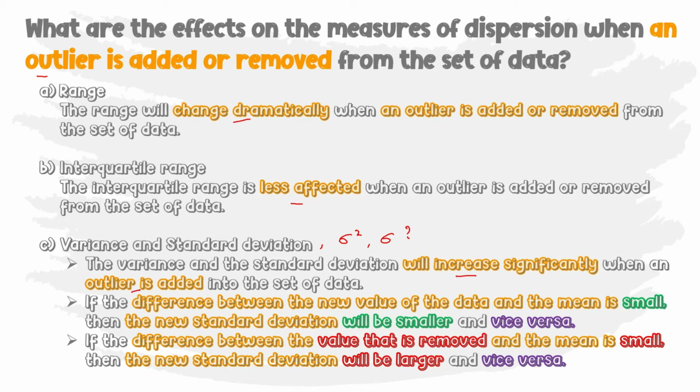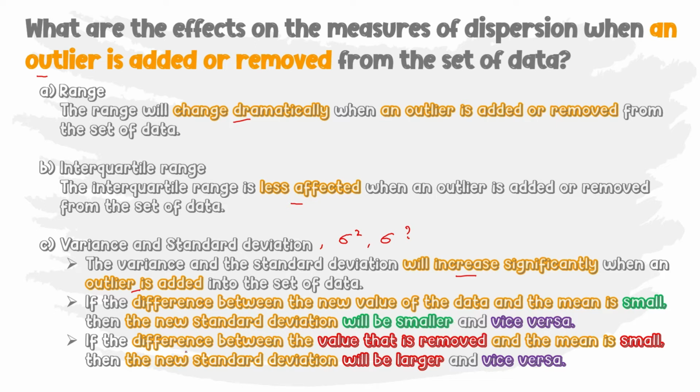When the difference between the new value of the data and the mean is small, the new standard deviation will be smaller. Vice versa, if the difference between the new value and the mean is larger, the new standard deviation will be larger.